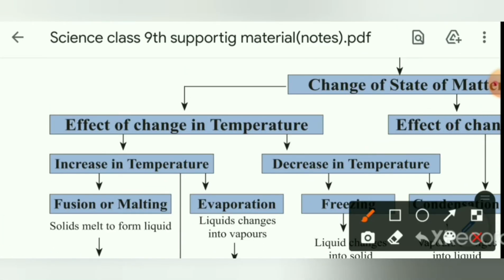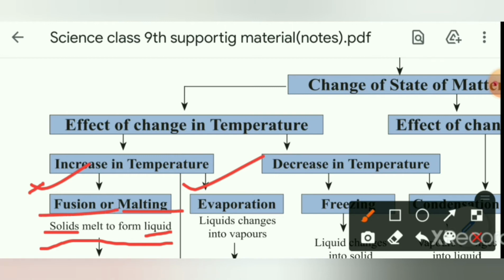If we increase the temperature, fusion occurs. Fusion: solid melting to form liquid is known as fusion. The process due to which a solid changes into liquid state by absorbing heat energy is called melting or fusion.